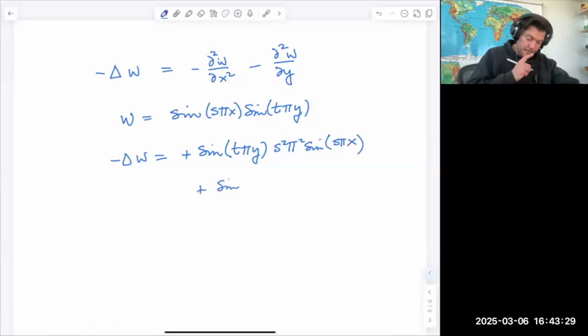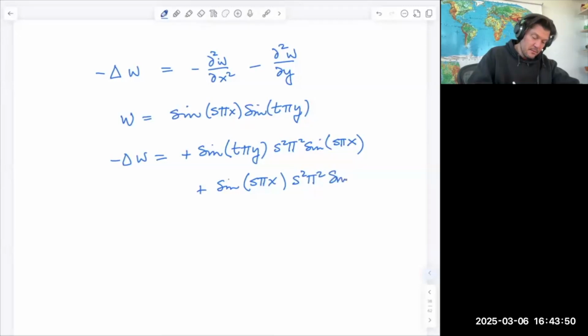Plus the same sort of thing. When I do the second calculation, it doesn't care about this term. It only cares about that. Treats it as a constant. And so I get sine pi squared again and sine t pi y.